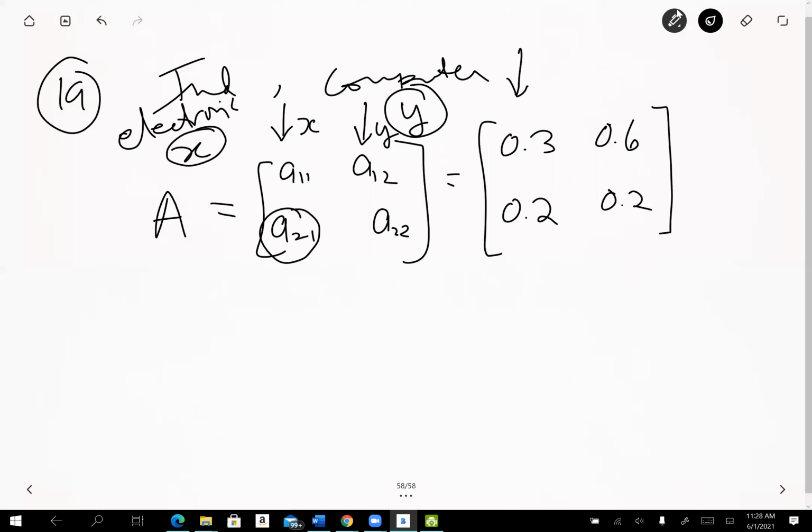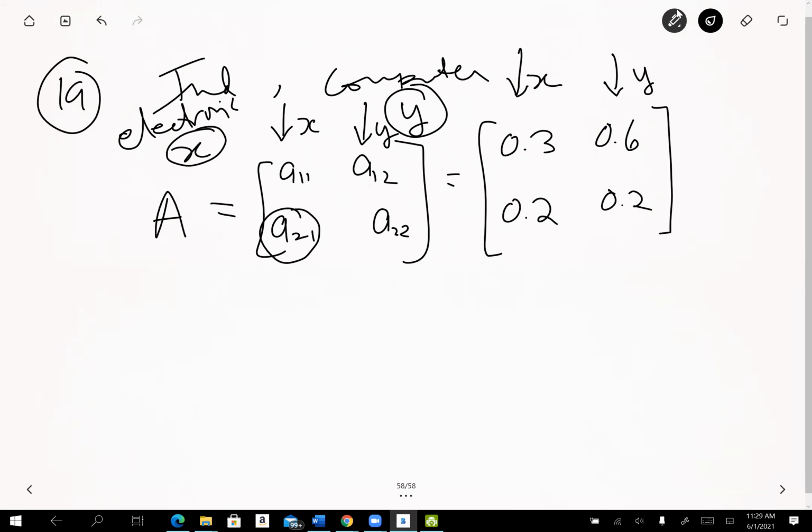So we identify the elements by the column. First column is the input requirement for X. Second column, the input requirement for Y. Any question? So don't worry about the row.